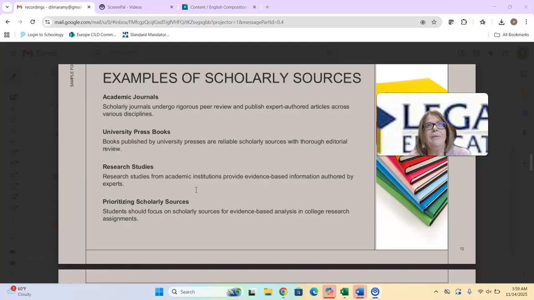Just know that what this lecture is doing is building your skills and your awareness to understand the difference. It's not saying that for every assignment you do for me, you'll be using these scholarly sources or even having to find them on your own. However, we are laying a foundation of understanding and comprehension of the differences.